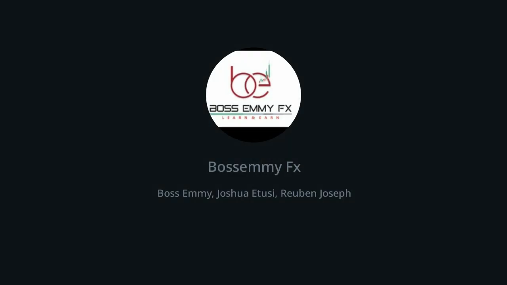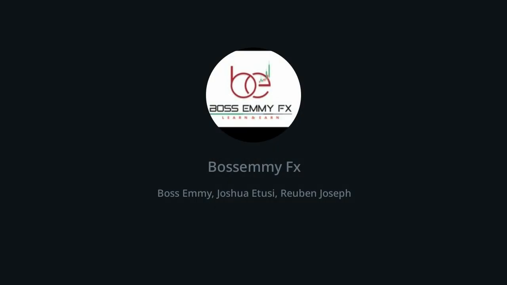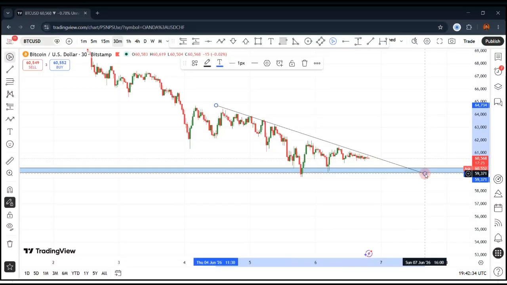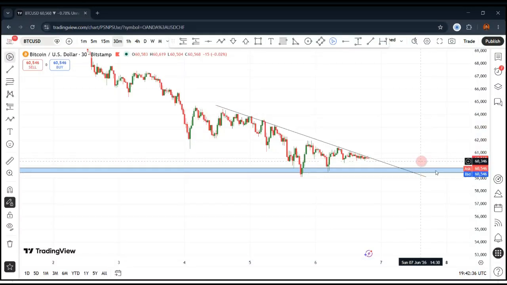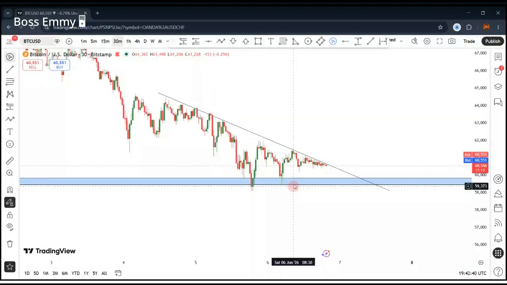On the 30-minute time frame, you're going to get a good picture of the charts for the scalpers. You can see what price is currently doing. So what I'm expecting now, let me draw something else so you can see.